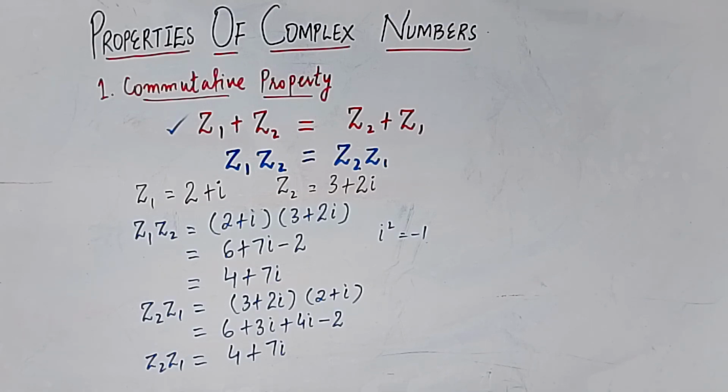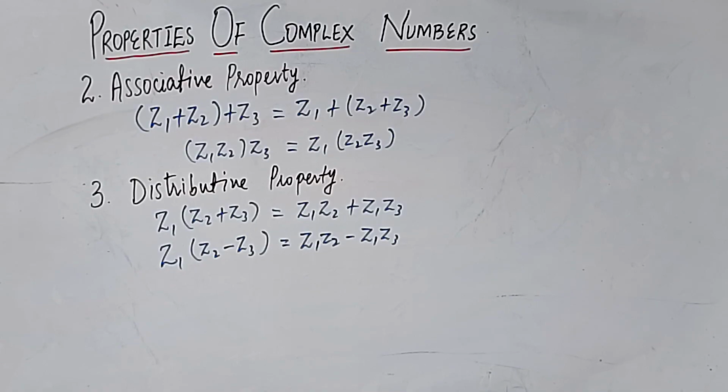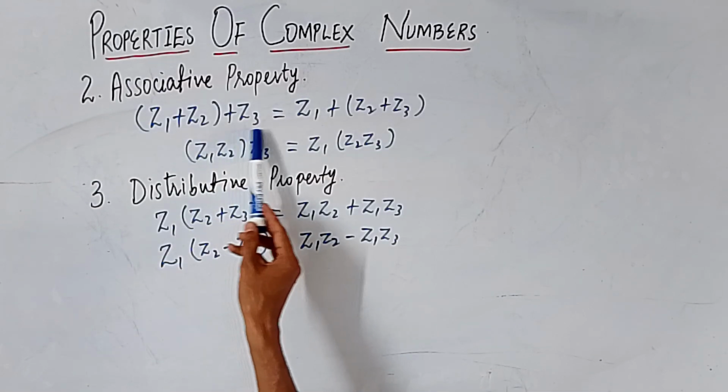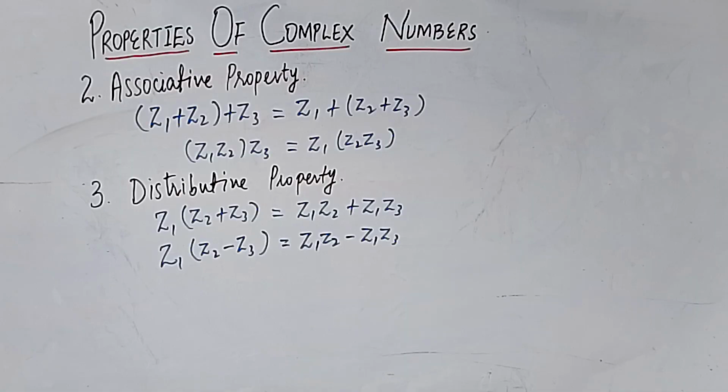Now let's see the second property. Alright students, after commutative property, we have associative property of addition and multiplication. I will not solve a question related to it, because you just need to remember the property. It's just about addition, and you already know how to do addition.